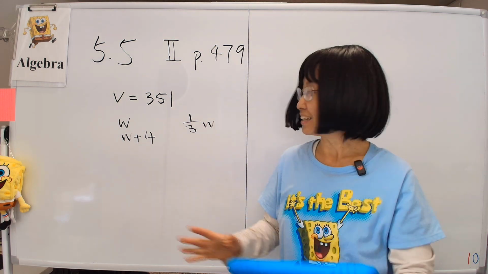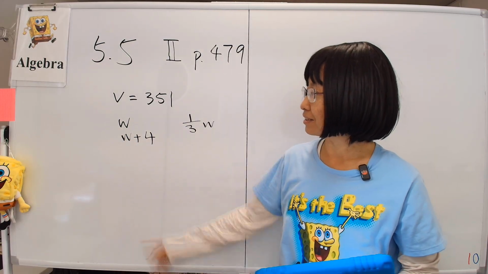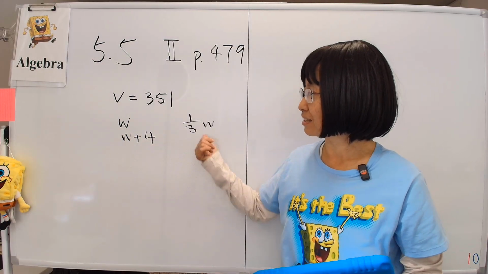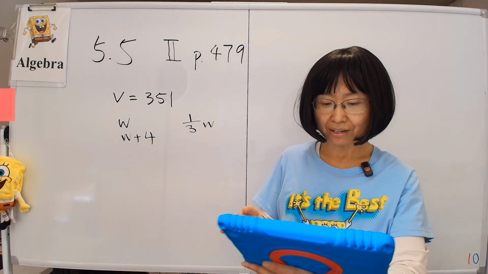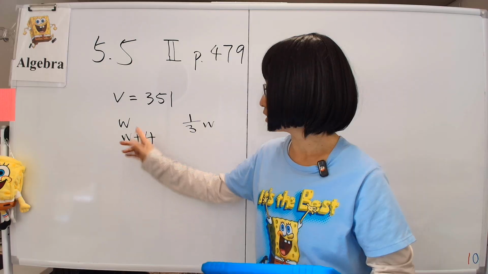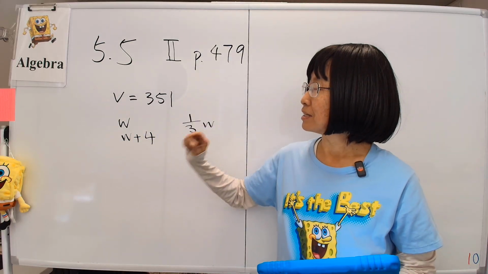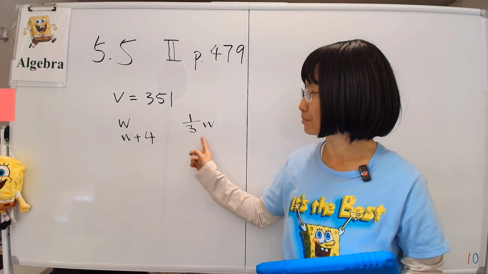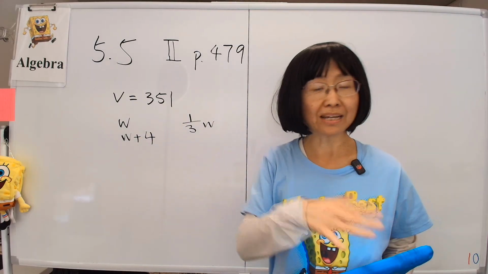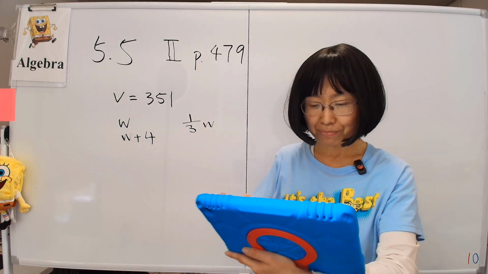Once you figure out the width, you figure out the length and the height, and that is the answer. So your answer has to have 3 numbers after you figure out W. Type this times that equals that into any calculator, and it will spit out the answer right away.